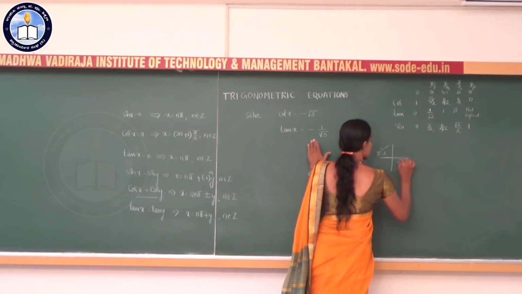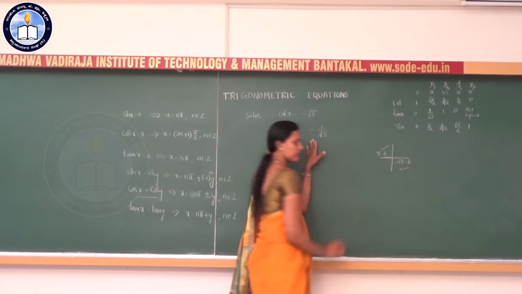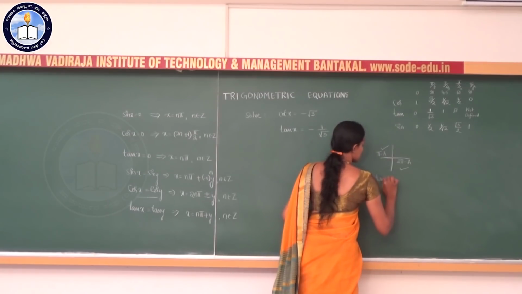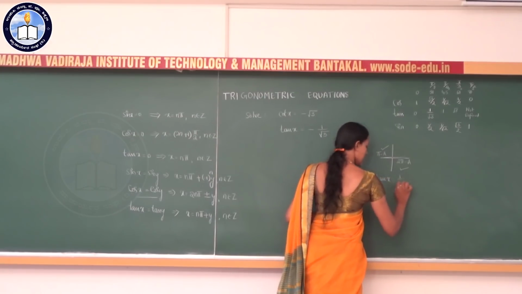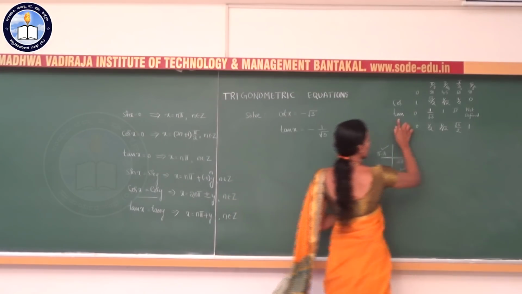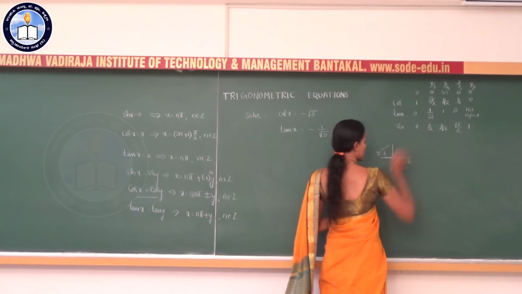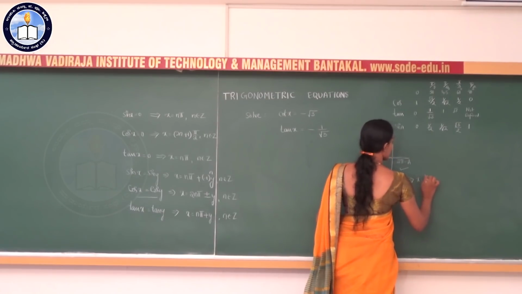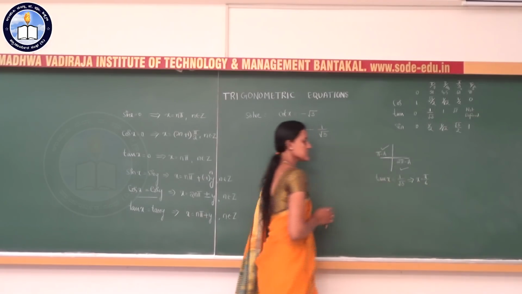In the fourth quadrant we take it as 2 pi minus a. A is the acute angle. So to get the acute angle we equate tan x as plus 1 by root 3. Tan of pi by 6 is 1 by root 3. So the acute angle is pi by 6.